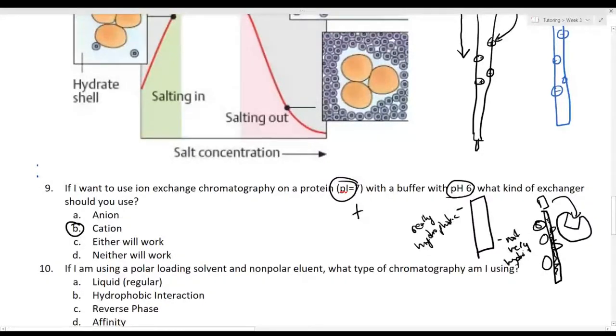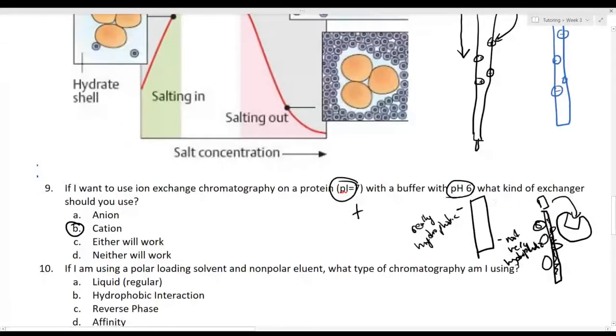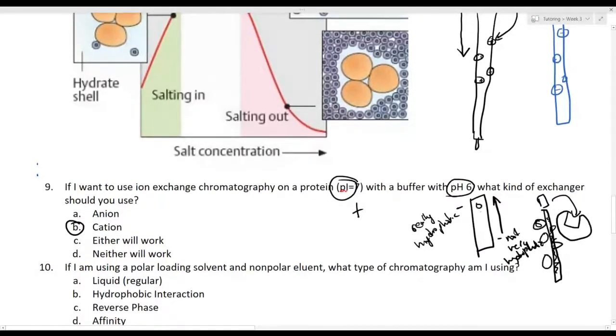And what's going to happen is, going through this gradient as your protein comes down, as your various unknowns come down, I should say, they'll get separated in terms of how many hydrophobic interactions they would have.